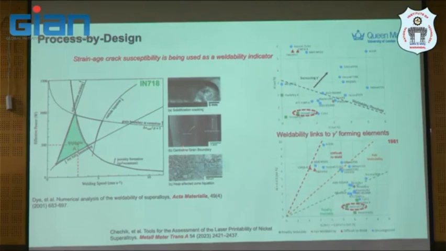If you are in Inconel 718 research, you will know this paper very well: even though you call this alloy weldable or printable, the working area, or sweet spot, is quite small.